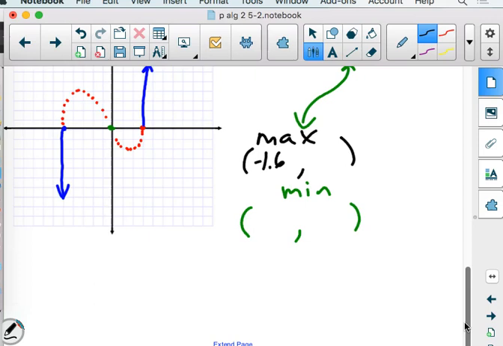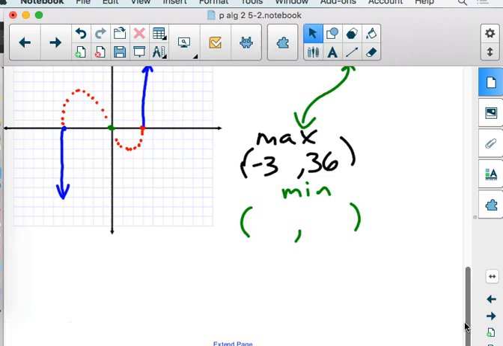Negative 336. Try that one again. See if you can get the negative 336. Yeah, that's what I had earlier. And then the minimum, and you might not be ready yet, so let me know if you're not. This one whole group needs a minimum. Are you ready with the min? Not yet.